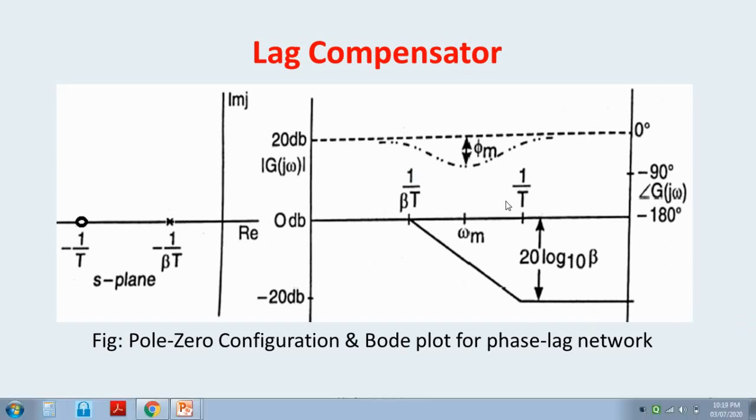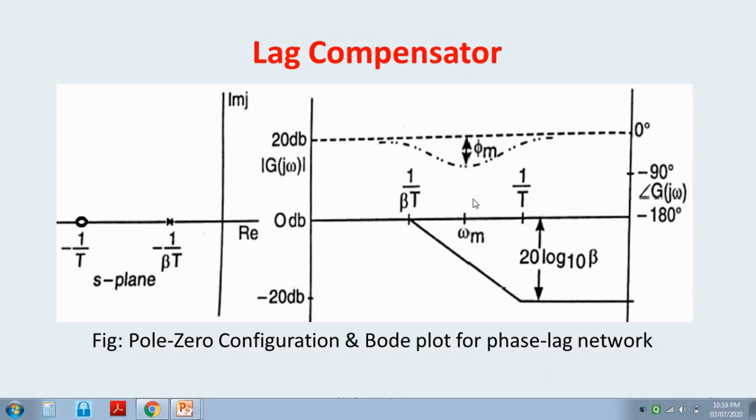We know that the value of beta is always greater than 1, so here we assume that beta is equal to 10. Then 1 by beta T is nothing but 0.1 divided by T. So 1 by T divided by 0.1 by T, the ratio between these two frequencies is 10.